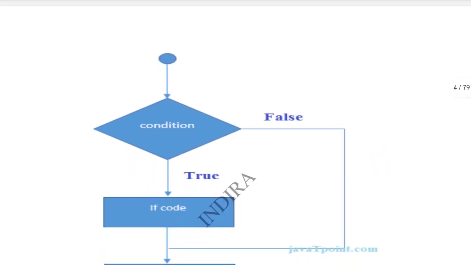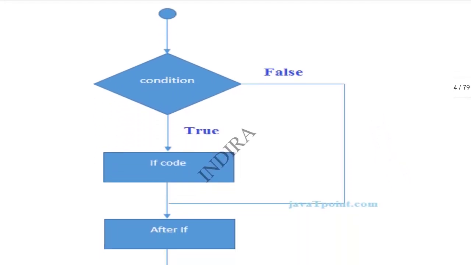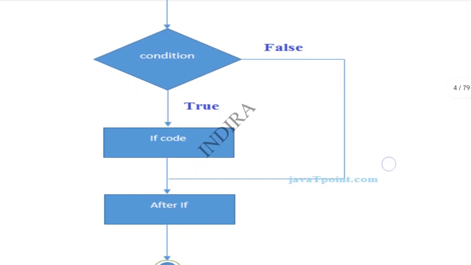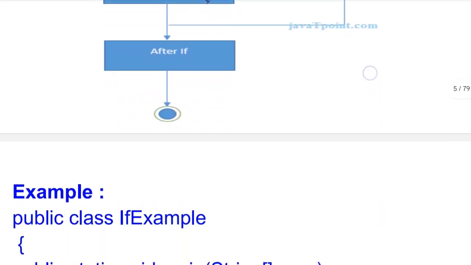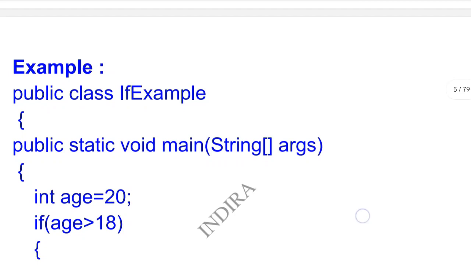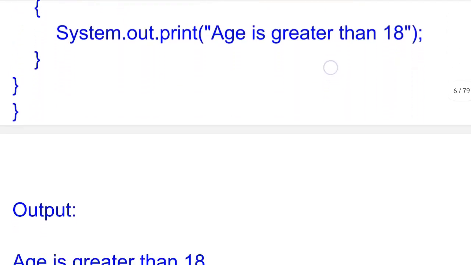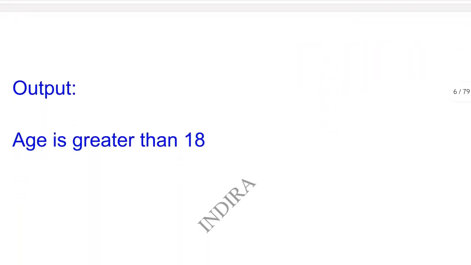So carefully observe the flowchart of each individual statement. Don't be confused and don't panic. This is the flowchart of the if statement, and next, the example and output of the if statement.